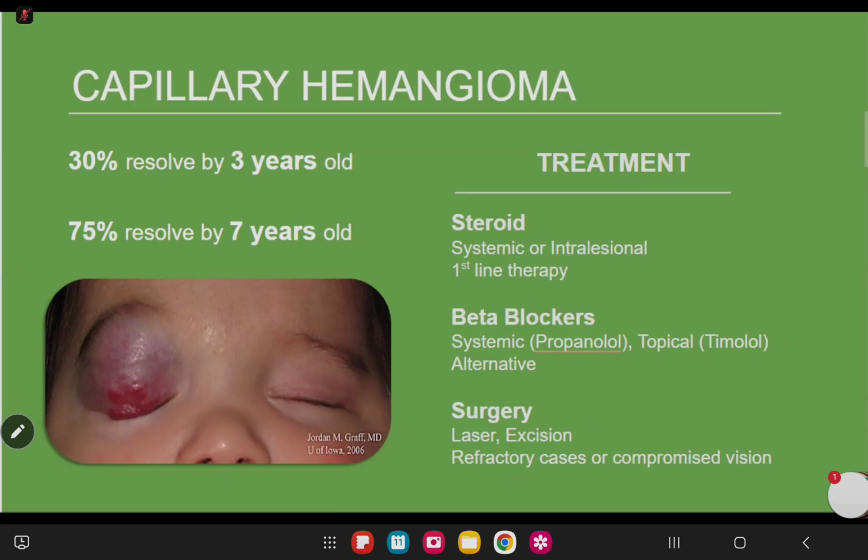We have your beta blockers, your systemic propranolol, topical timolol as alternative. And then if non-responsive or the results are not that significant, then we perform surgery. So we do laser excision for refractory cases or for those with compromised vision.